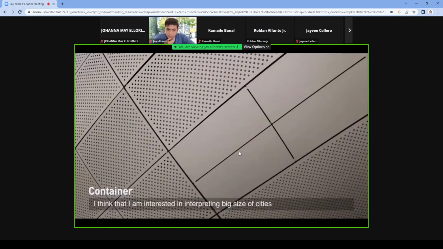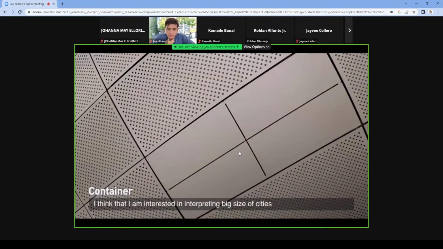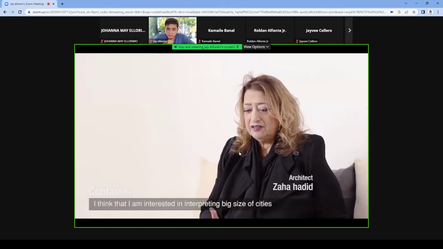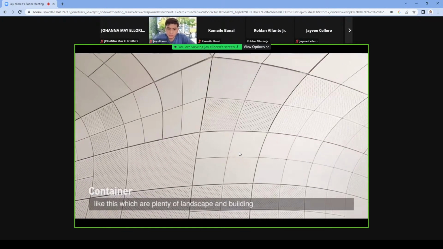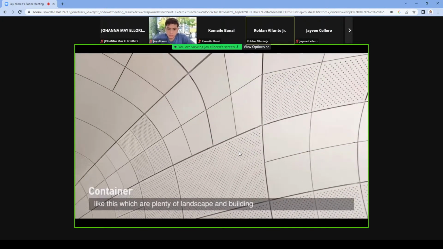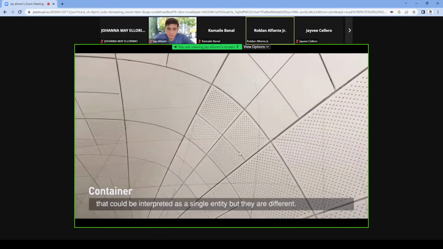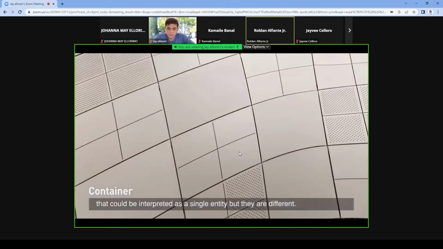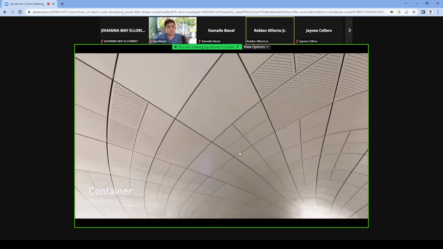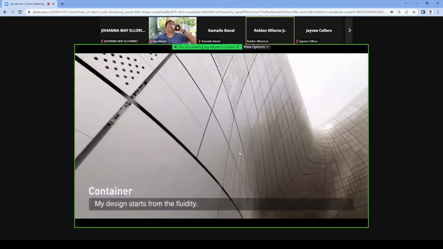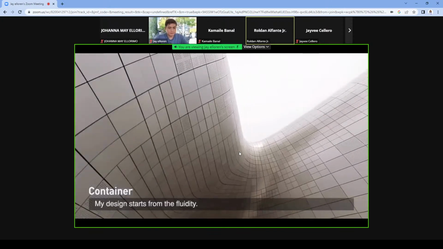Well, I think for a long time we've been interested in interpreting, let's say, sites in the city like this, which are partly landscape, partly building, and how they could be interpreted as one single entity, but they actually have two sides. As I said, we started off with fluidity.